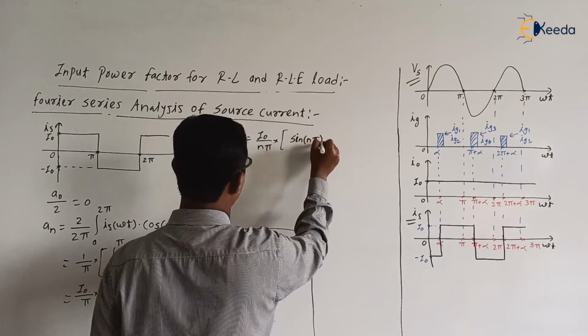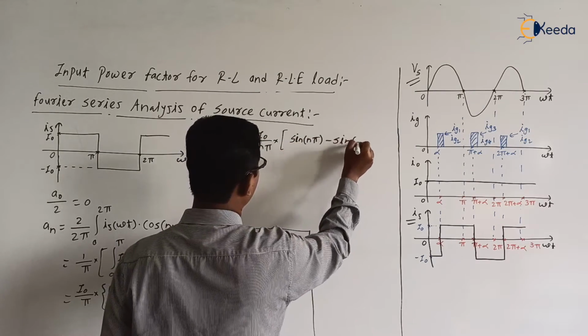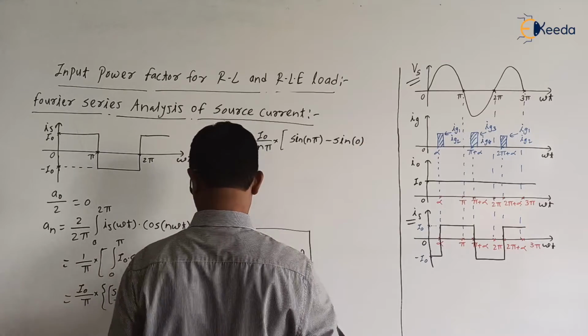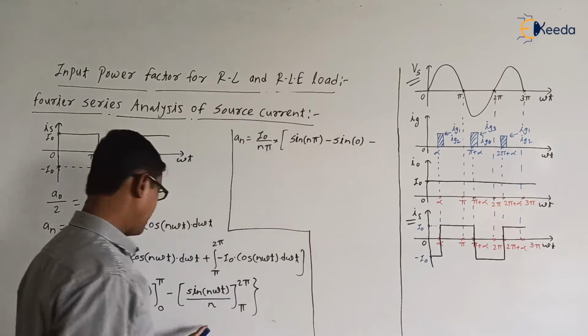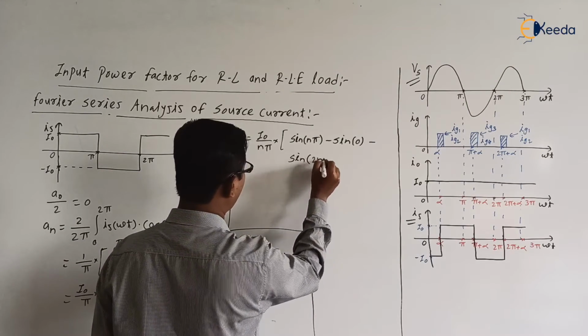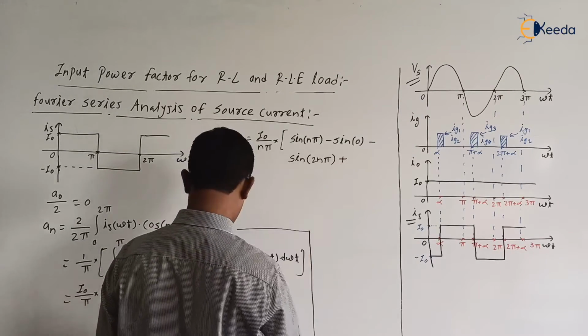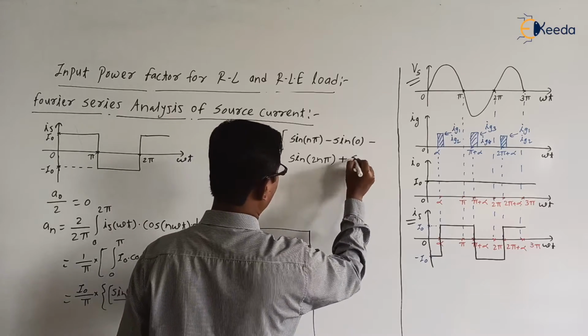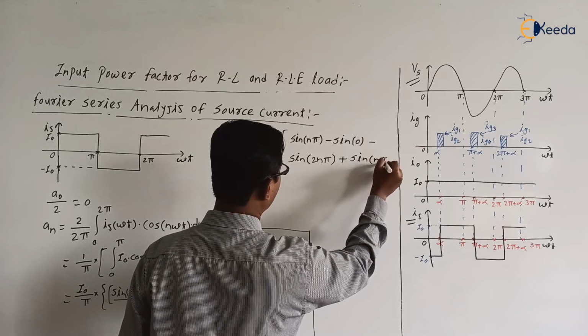Next, minus sin of n into 2 pi, so it is sin of 2n pi, plus sin of n pi.